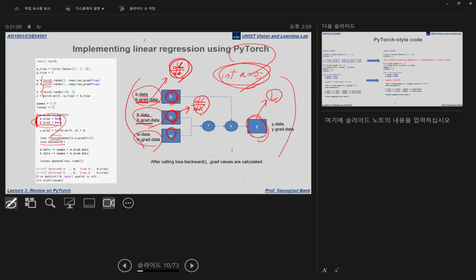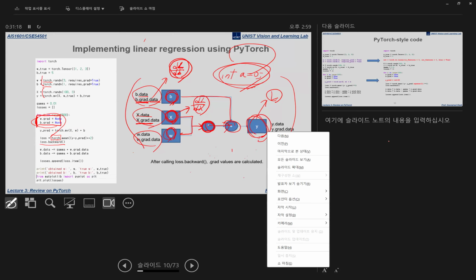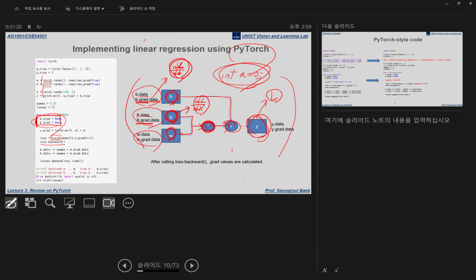Also, these intermediate PyTorch variables are connected together via operators. You define this type of forward rule to calculate the final node loss L from the intermediate nodes. You already specify them in the PyTorch code, right? We always have to specify how to feed forward, which means how to get the final node L from the intermediate variables.